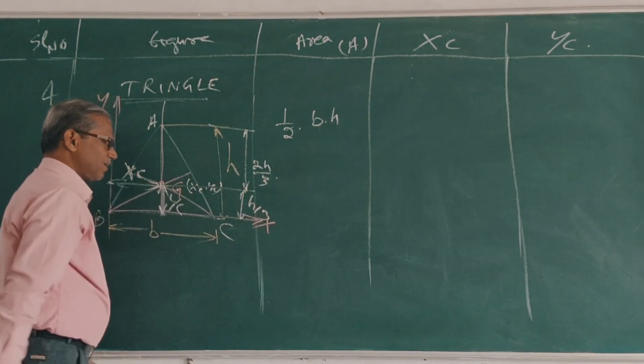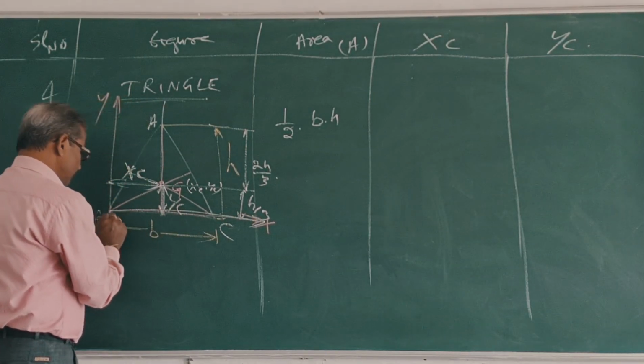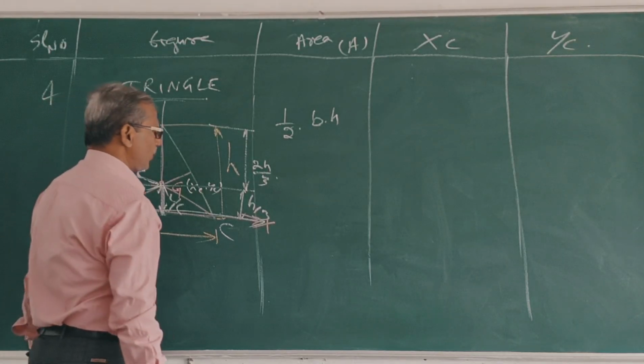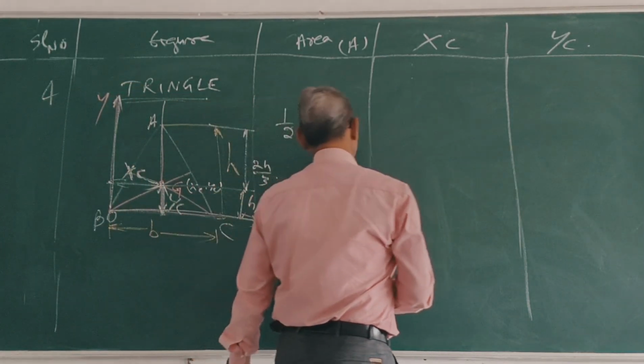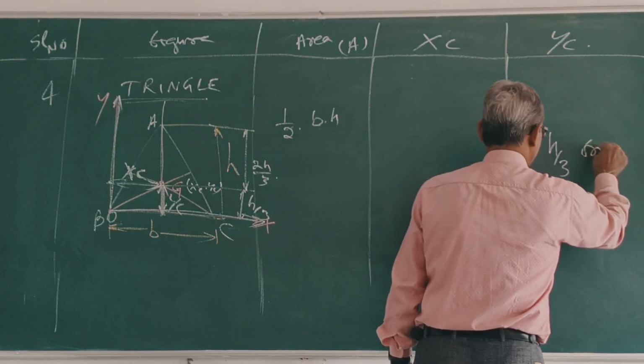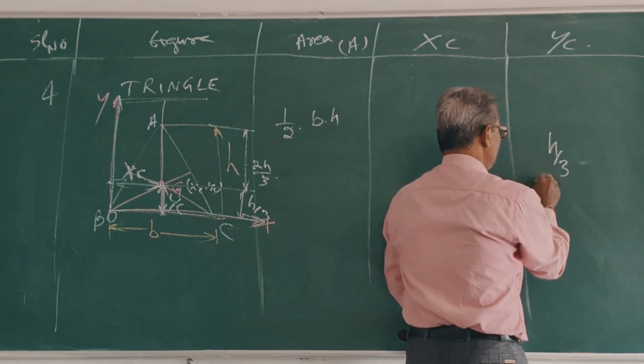Clear? So we are taking this x-axis, this origin, this y-axis. So what is YC? H by 3 from base.